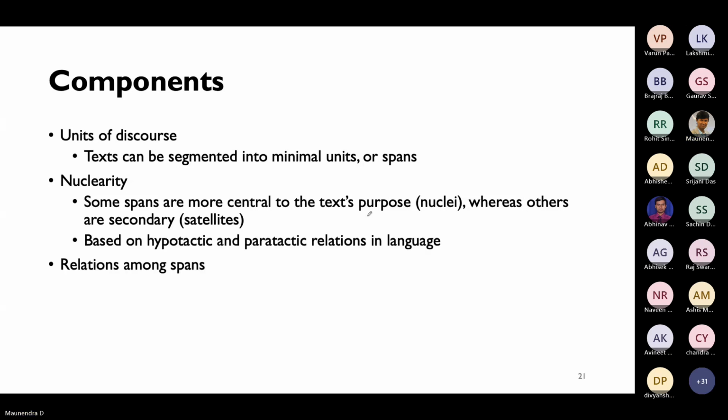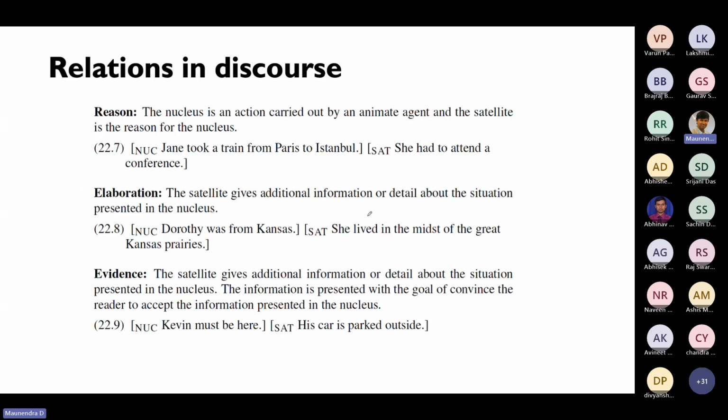However, there can be a larger sentence which can be split into shorter clauses, and these clauses convey some concrete meaning. So that way, it can be at the clausal level also. Some spans are more central to the text purpose, whereas some others are secondary. I'll just give examples.